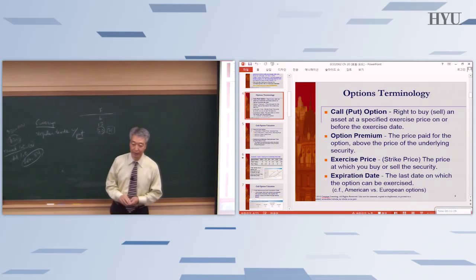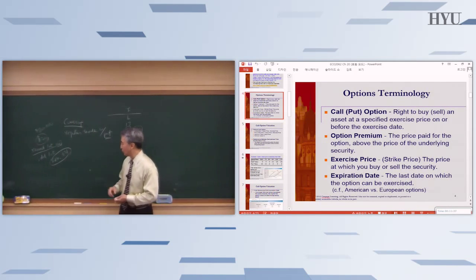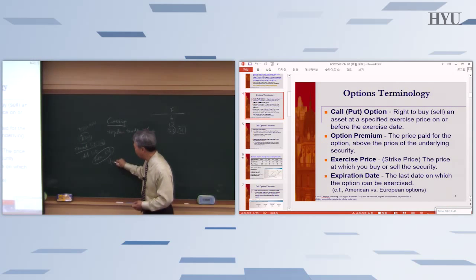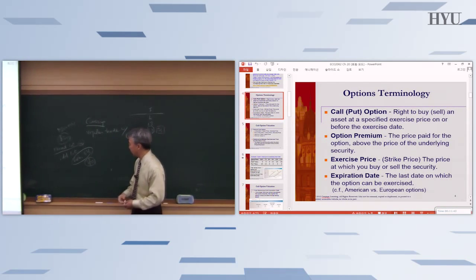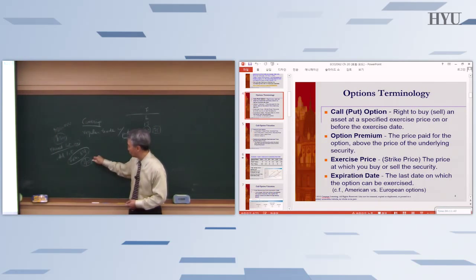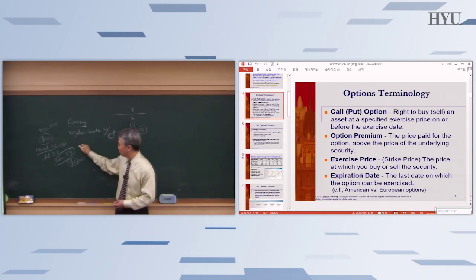Are you going to exercise it? I have to forecast the future price of GE. No, I'm talking about, say, February 25th, the expiration day next year, 2016. On that day, the GE stock price is $22.